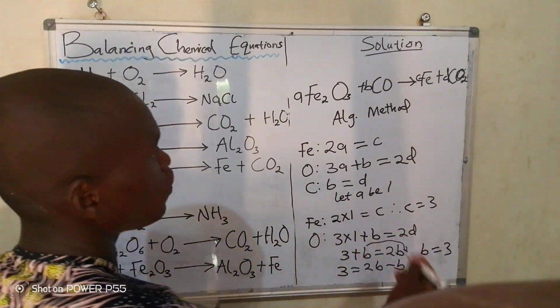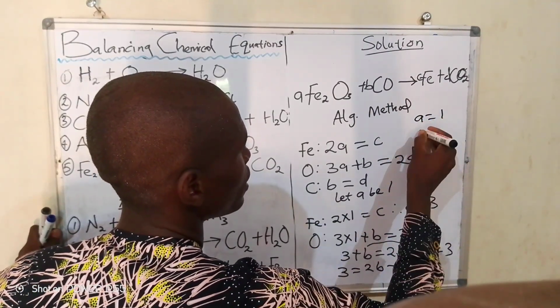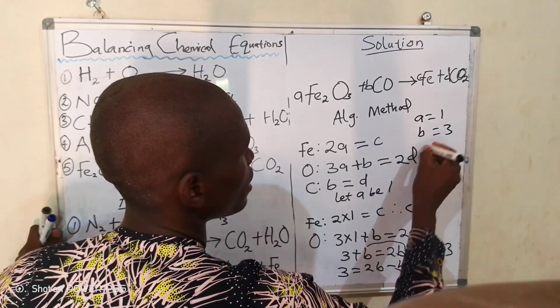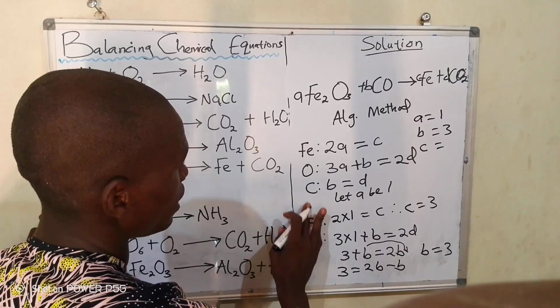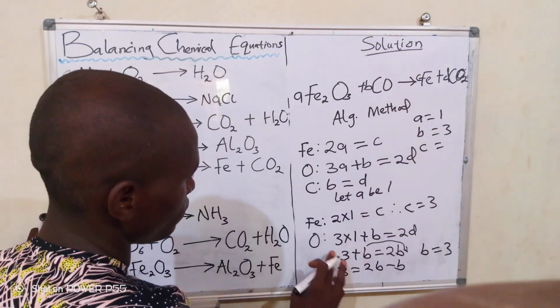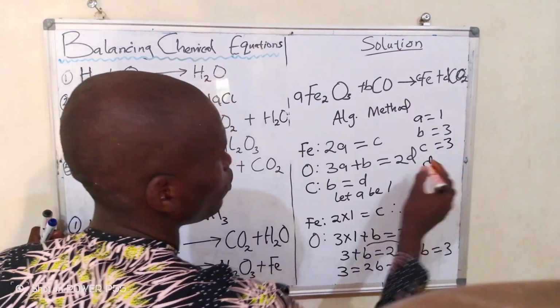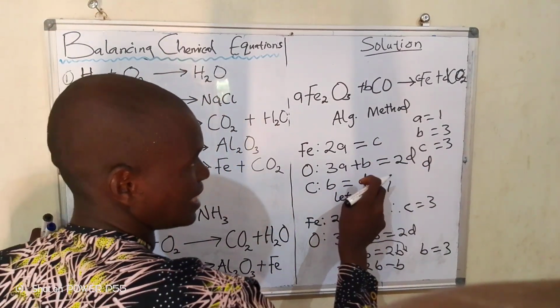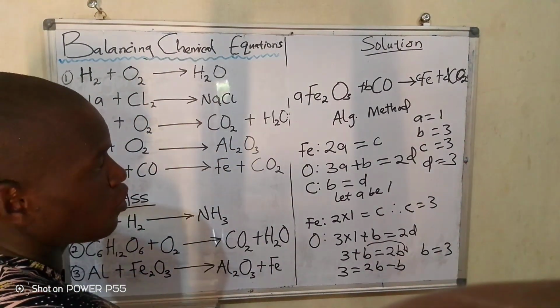Very simple. So from this point, our A is equal to 1, B is equal to 3, and C is equal to 3. And our D, since B is equal to D, D is also 3. So we have found our coefficients already.